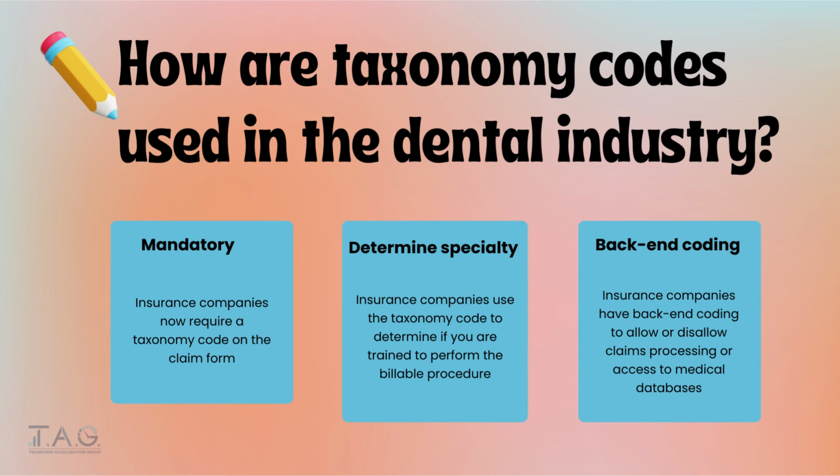Now, if it's a removal of the lesion of the oral cavity, absolutely, but not of maybe the lower extremity. And so they determine what your specialty is as it relates to the code that is being submitted.